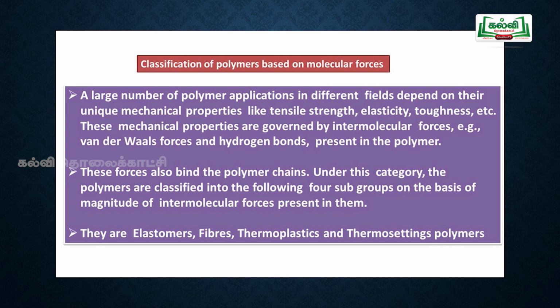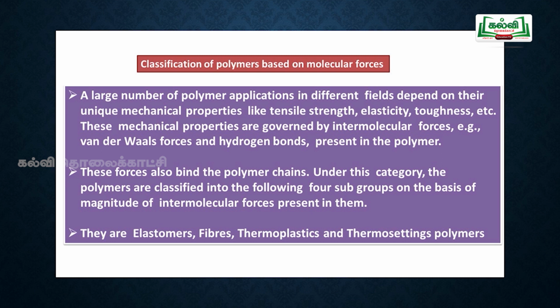What are the mechanical properties? Tensile strength, elasticity and toughness. These properties mainly depend on intermolecular force. What is the intermolecular force? It may be Van der Waals force or hydrogen bond. These intermolecular forces will alter the mechanical properties. So different polymers will have different properties, so they will have different applications.